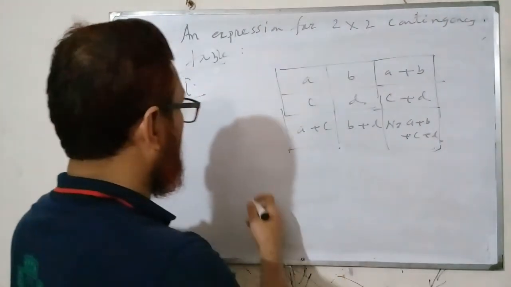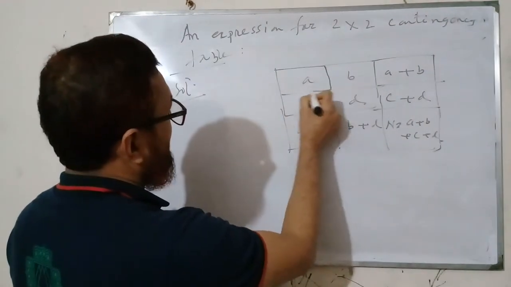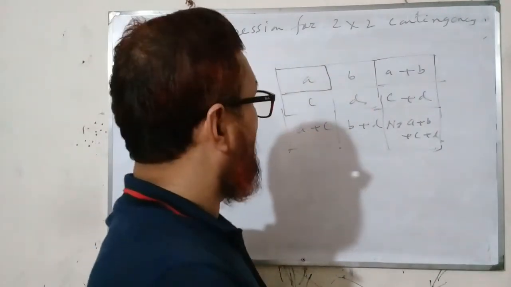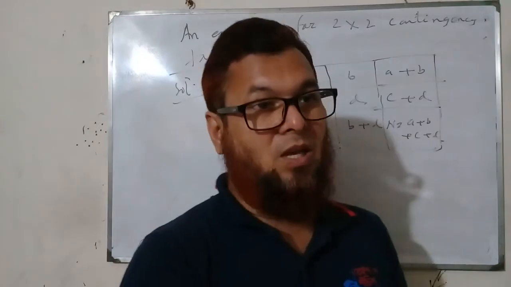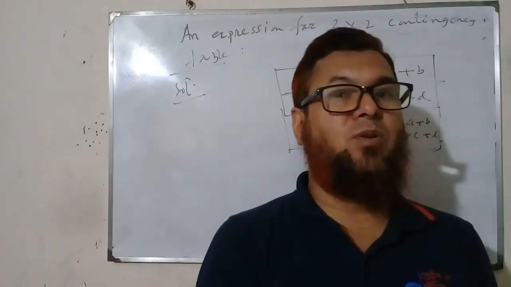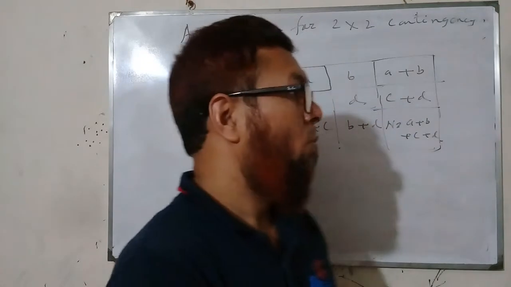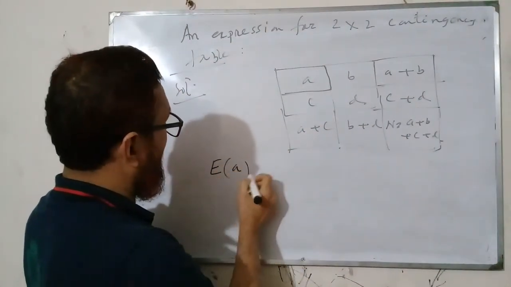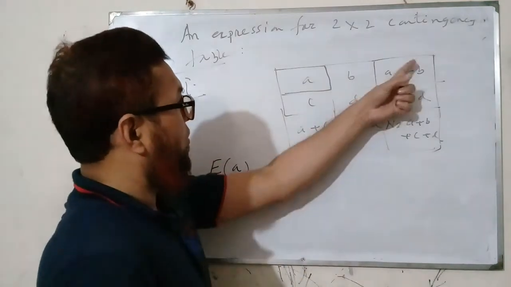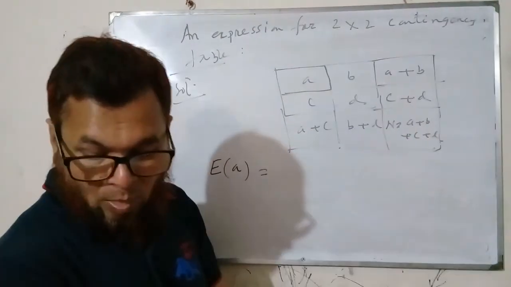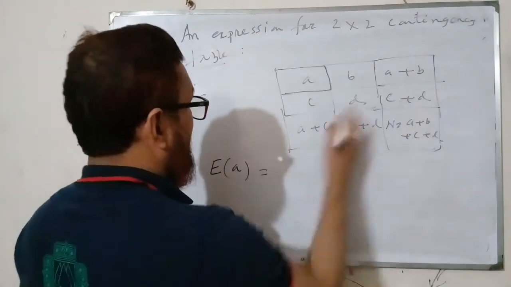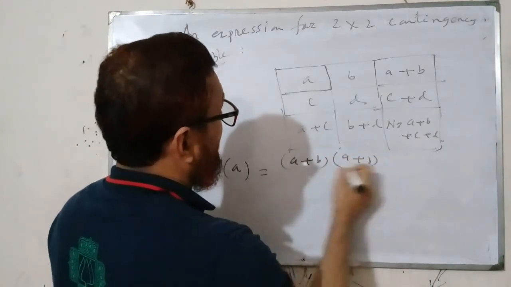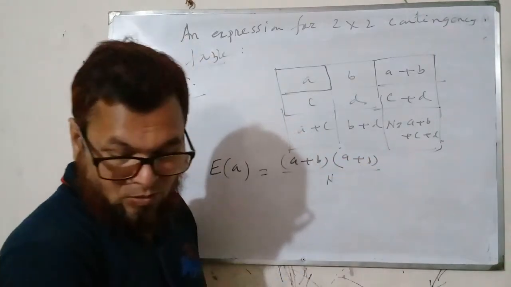Under the hypothesis of independence, A, B, C, D are the observed frequencies. Now we can find the expected frequency for each cell. Expected frequency for A equals row total into column total divided by grand total.